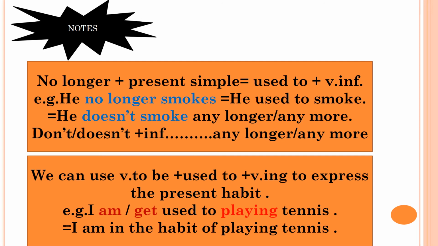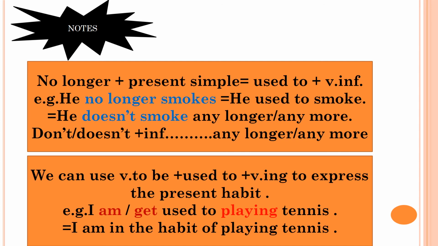With no longer, we use the present simple, but in the affirmative form, and with any longer or anymore, we use the present simple, but in the negative. If I put verb to be or get before used to, I must put the verb in the ing form, in the gerund form.